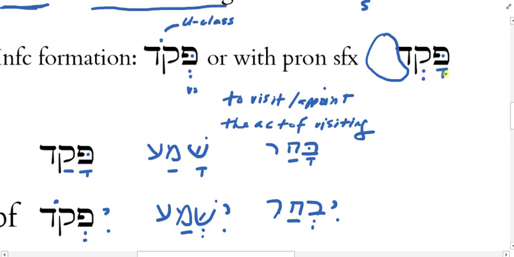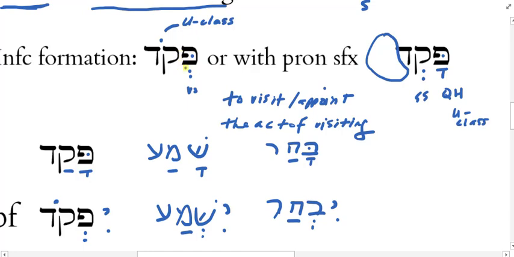I'm going to see a qamets qatuf followed by a silent shewa. Now, what vowel class is qamets qatuf? Is it A, I, or U class? It's also U class.